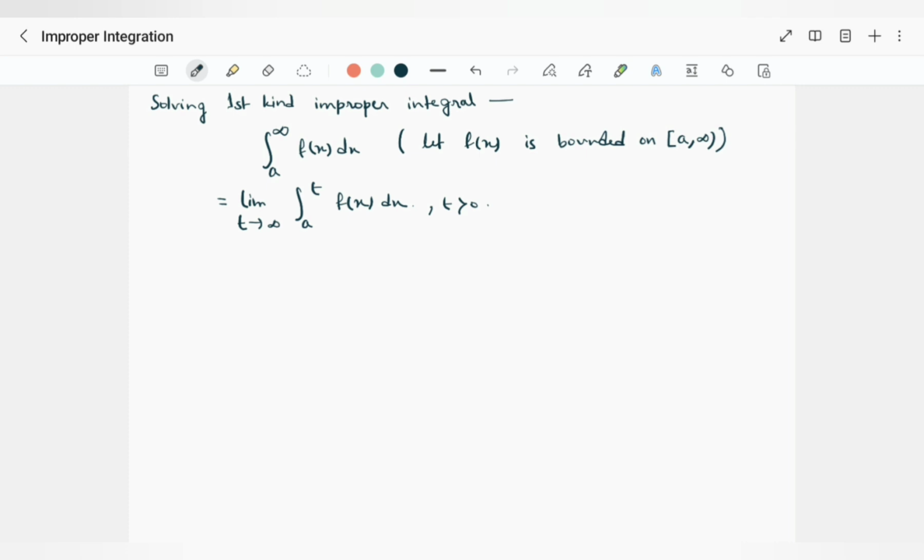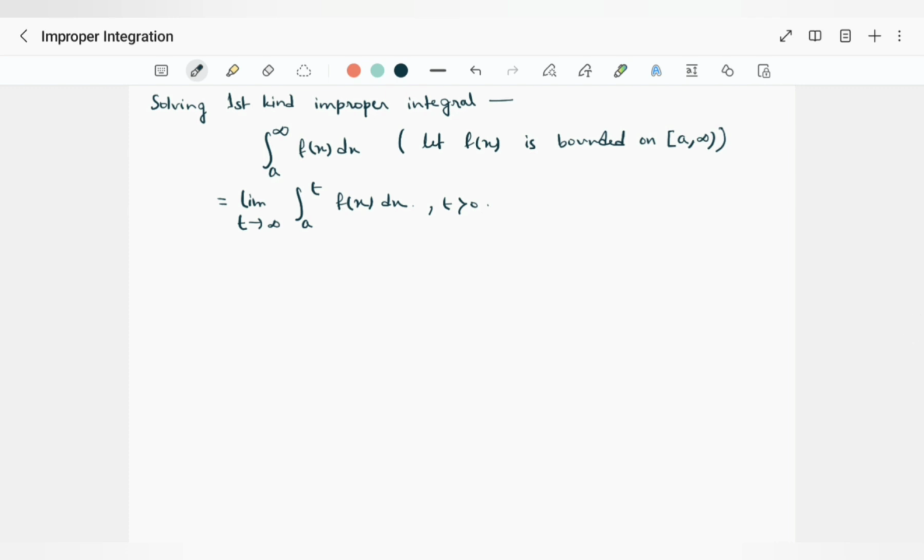Now this integration a to t f(x) dx is a proper integration, so we can calculate the integral, right? But here t is a variable, a very large number which we have taken instead of infinity. So just put the limit as t tends to infinity.